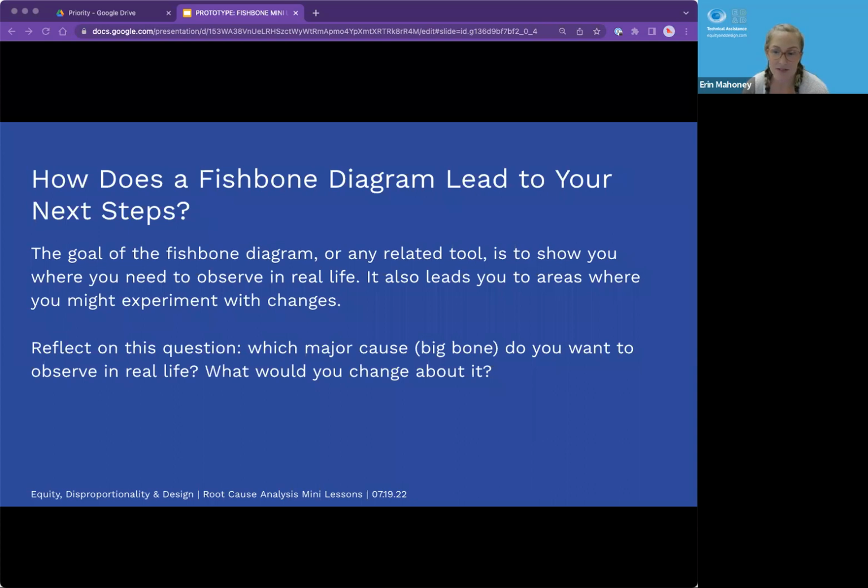Something that we've really found though is that we want to resist this urge, because ultimately the information you're going to find in this fishbone, which is again just one tool you can use within your root cause analysis work, is going to lead you to areas that you might want to experiment with changes. Perhaps you have identified a few different possible causes, and one of them really feels like something you're interested as a team in making some changes around. Maybe you have the ability to make some changes around it. That's where you go next. That becomes a part of your plan. That becomes a part of the work that you're going to do.